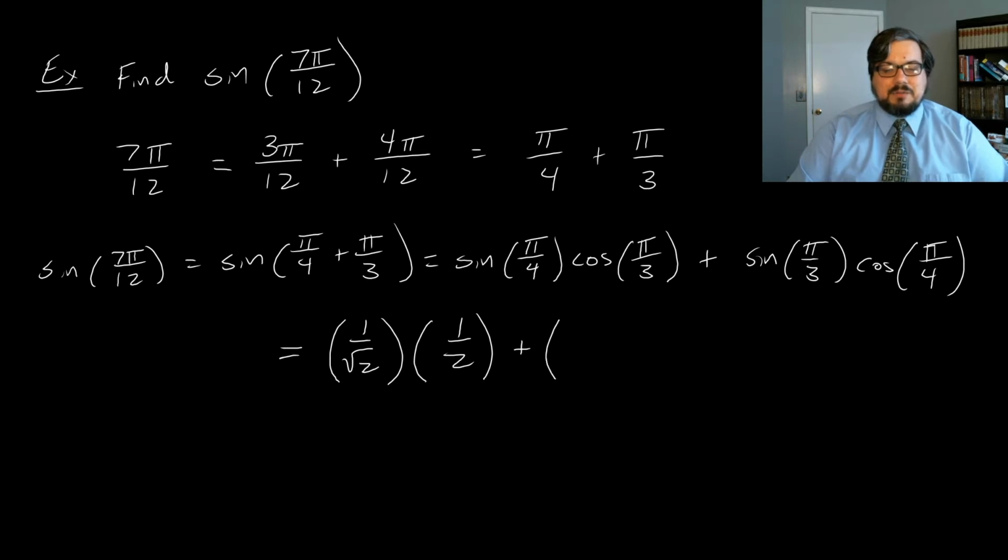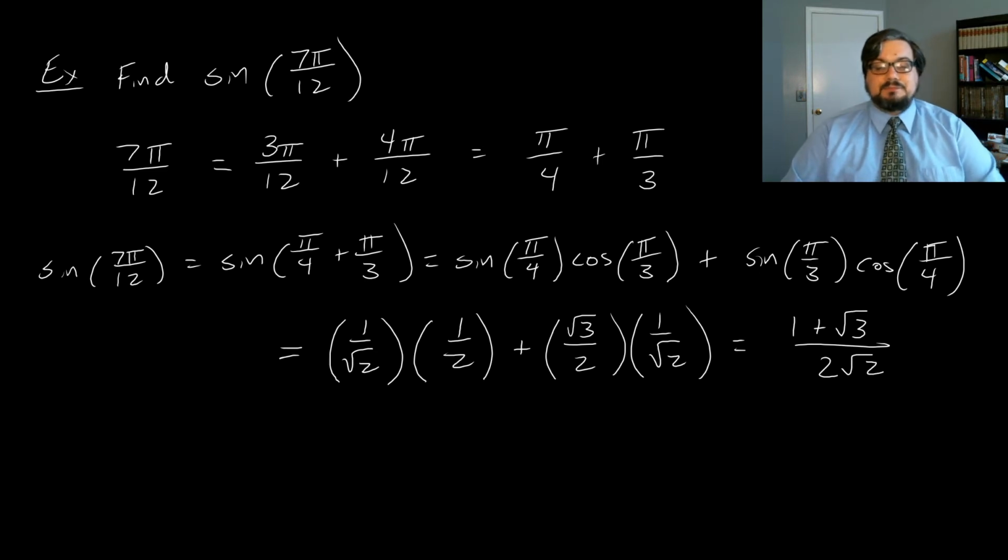Sine of pi over 3 is square root of 3 over 2. And cosine of pi over 4 is 1 over square root of 2. And so we get 1 plus the square root of 3 over 2 square root of 2, which happens to be the same as we got the previous time, which is really just sort of a happy coincidence.